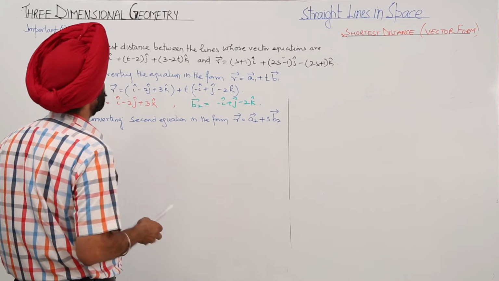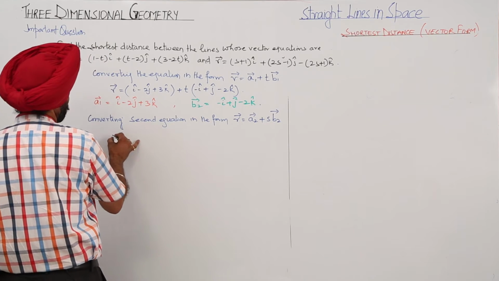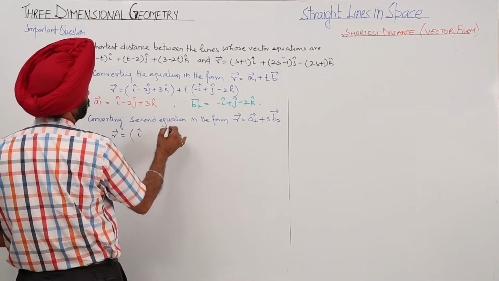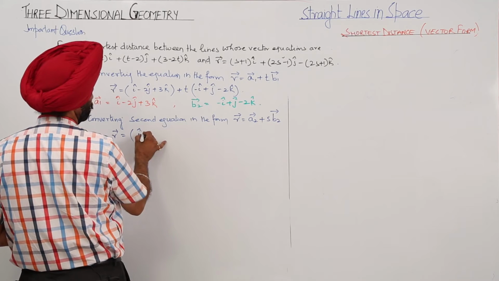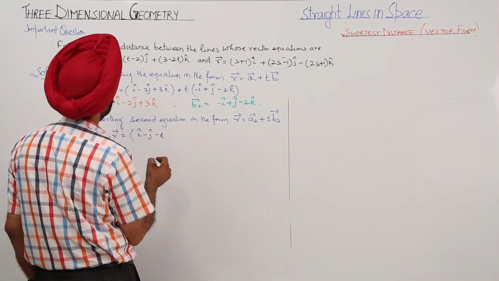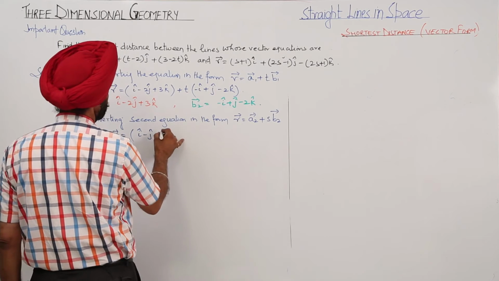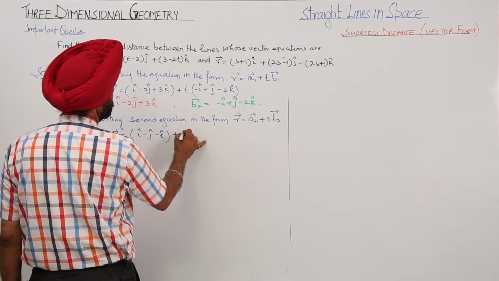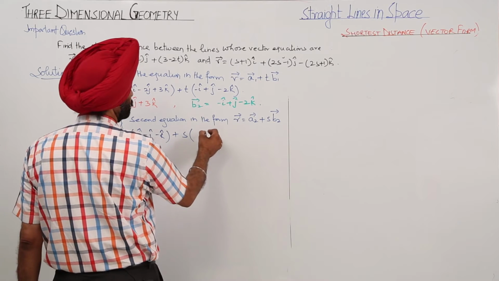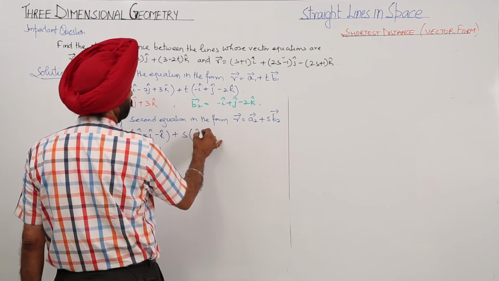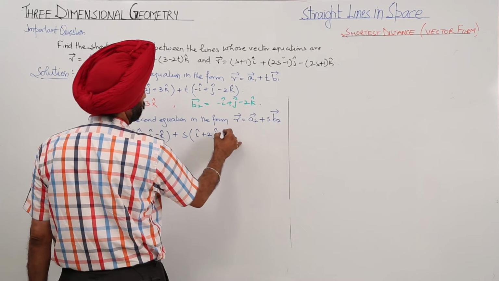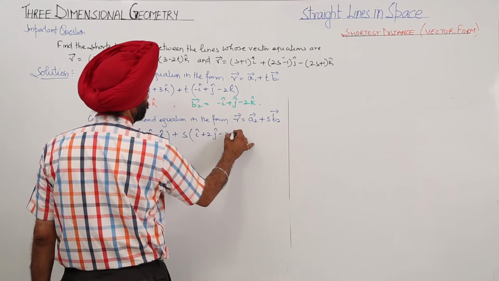Now the equation becomes vector r is equal to i cap minus j cap minus k cap, plus s times i cap plus 2 j cap minus 2 k cap.